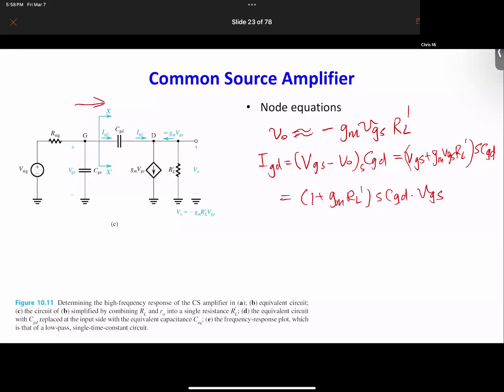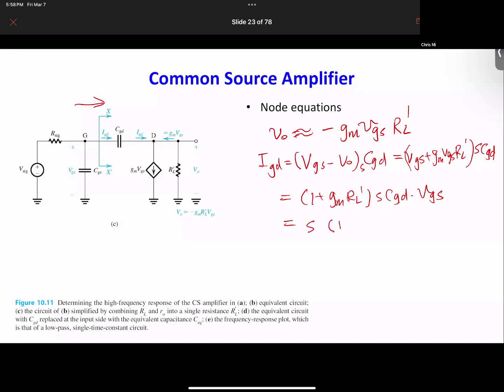So now we find IGD. So once we find IGD, we'll say this IGD is, I think we want to use some sort of numbers here.